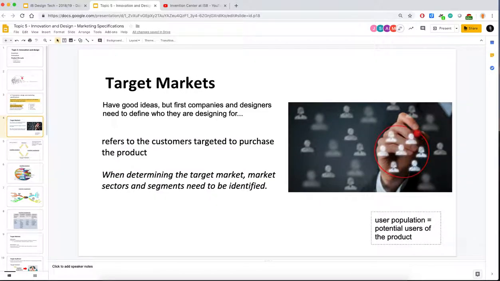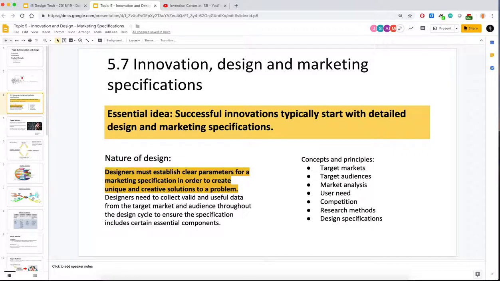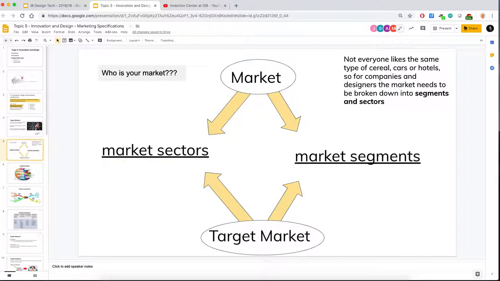So definition, target market specifically. It's about the people. Now, I'll try to explain it more clearly. There's a market, and then there's a target market. The actual market is where your product exists.